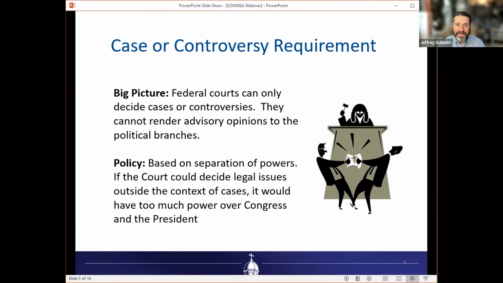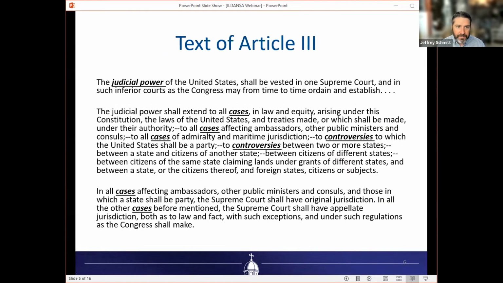Then the court would act as sort of in charge of the president and Congress, and we don't want that. Right? We want three equal and independent branches. And so we can't have the courts telling the other branches what to do in the abstract. It has to be within the context of a case with adverse litigants.